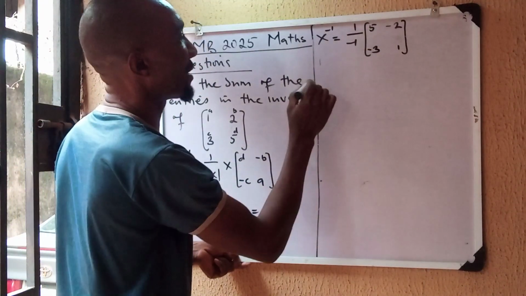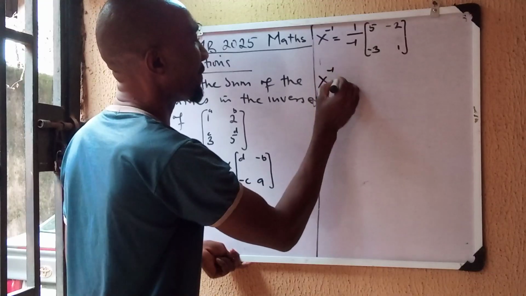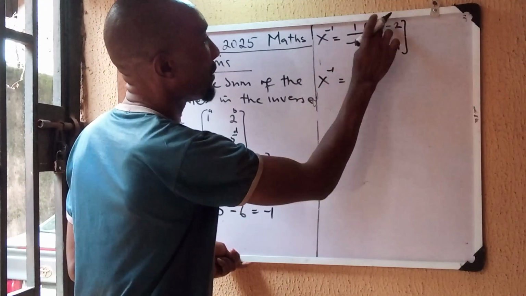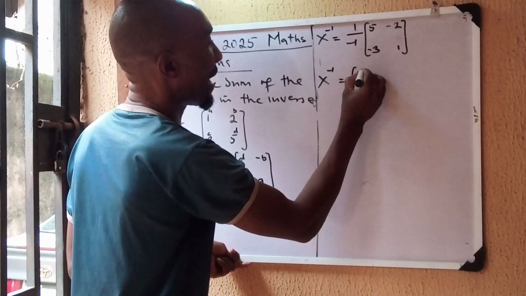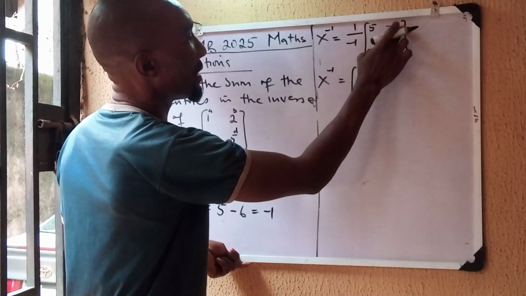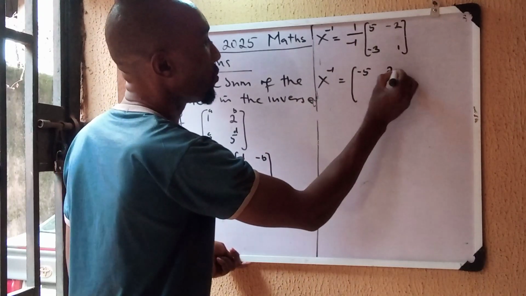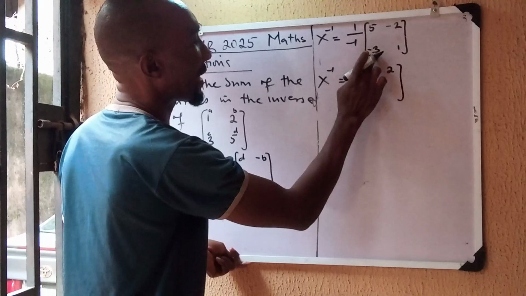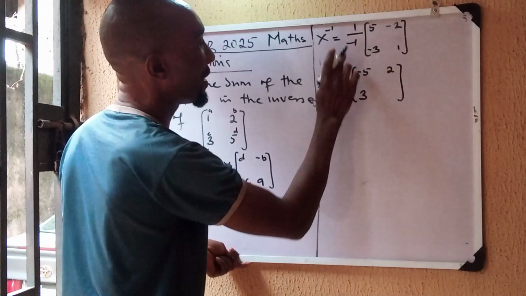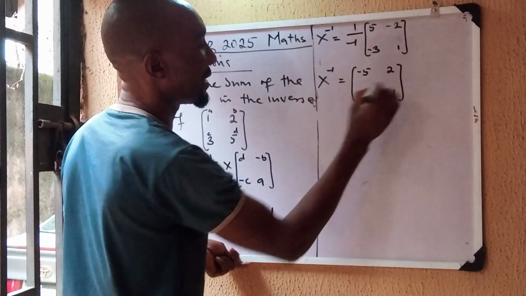If we carry out that multiplication, our x inverse becomes: this negative affects this one to give minus 5, this negative interacts with this one to give positive 2, this negative interacts with this one to also give positive 3, and this negative interacts with this one to give negative 1.